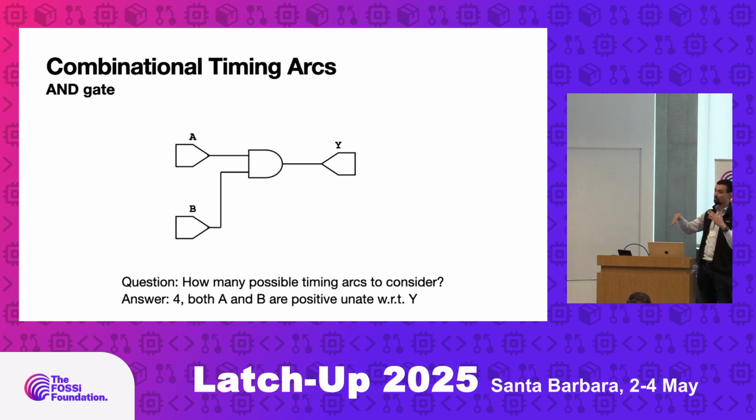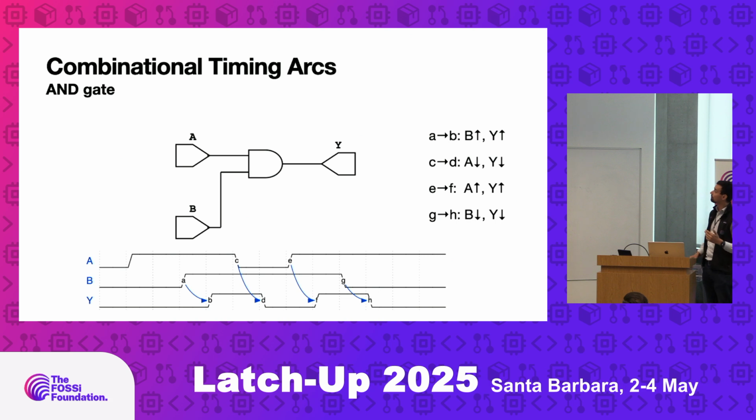That's why it's called positive unate, because it's in the same direction. A falling can cause Y to fall, and then there's B rising. So here are all the possible timing arcs for this particular gate, and I drew a timing diagram at the bottom, which shows how you would actually see them inside a real circuit. The first one is if B is rising, you can have a rise transition on Y. If A is falling, you can have a Y transition falling, et cetera.